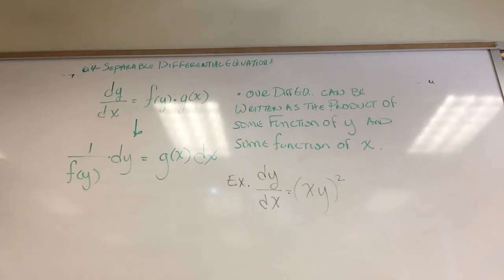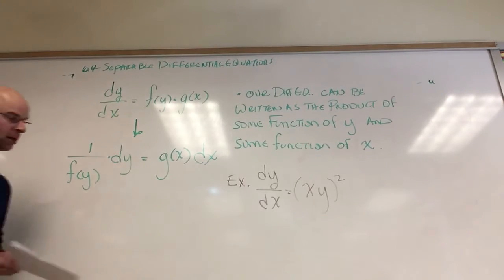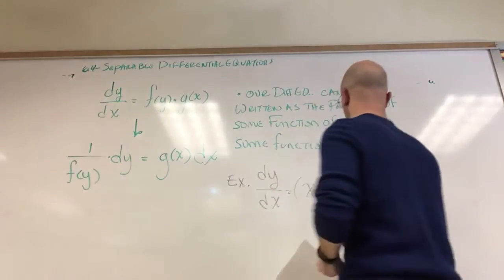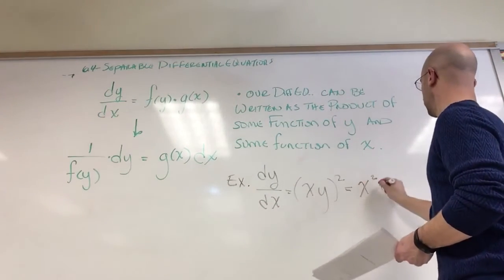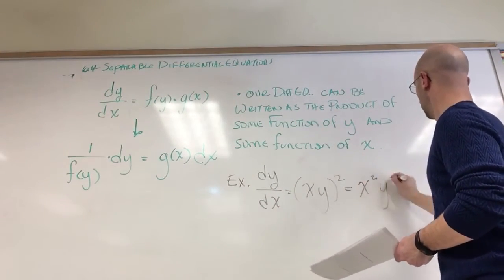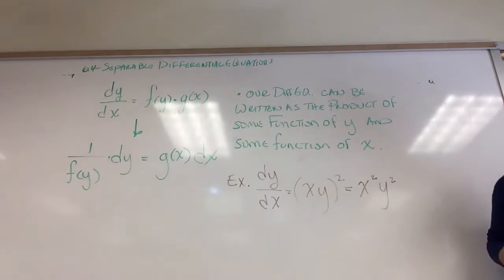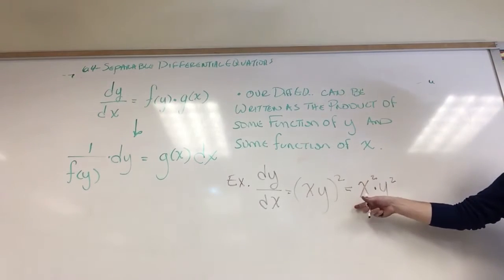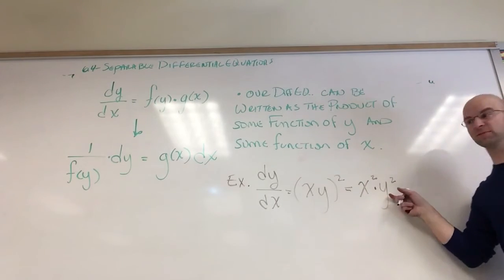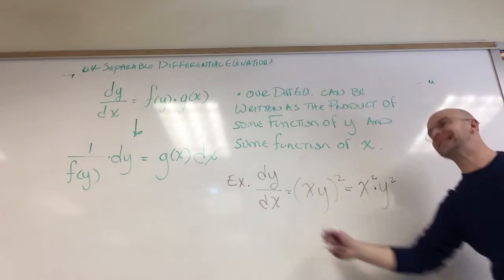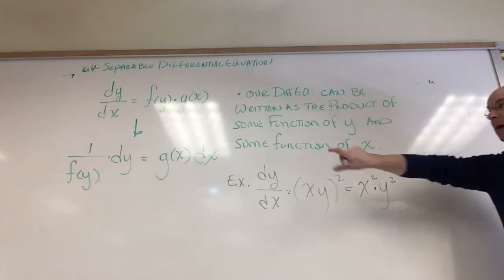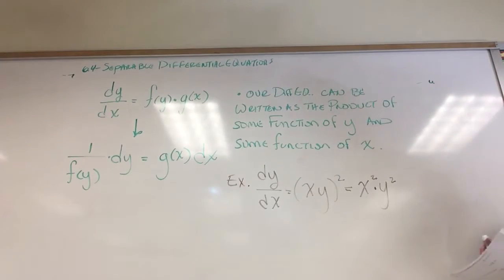dy dx equals x squared y squared. I can rewrite that. Straightforward. x squared, y squared. And so we've got the product of something in terms of x, the product of something in terms of y. It's literally separable. I can separate the x and the y easily.